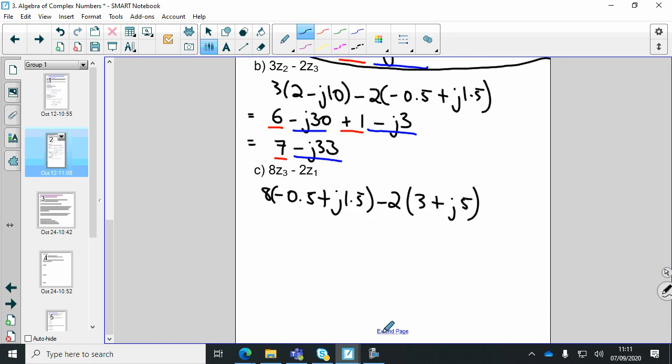Okay. Multiply these out. So 8 times minus 0.5 is minus 4. 8 times 1.5 is 12. Minus 2 times 3 is minus 6. And minus 2 times 5 is minus 10.